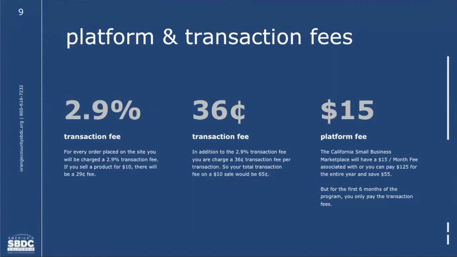You add the 36-cent transaction fee on that for your $10 transaction, you're going to be paying the platform a 65-cent fee. The small business marketplace will also have a $15 a month fee associated with it, which can be paid in a yearly amount at $125, which would save you $55 a year. But for the first 6 months of this program, you only pay the transaction fee. There's no platform fee at this time.